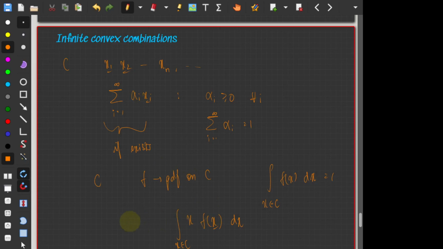So every convex combination can be thought of as the expectation of some random variable, where the probability mass function corresponds to the coefficients of the convex combination, and the xi's, the points whose convex combination you're taking, are basically the realizations of that random variable. That's your sample space. Okay, so let's stop here. Any questions?